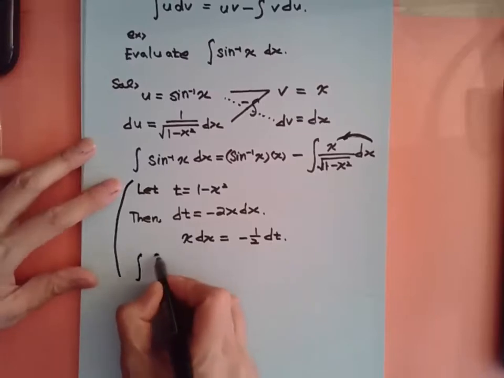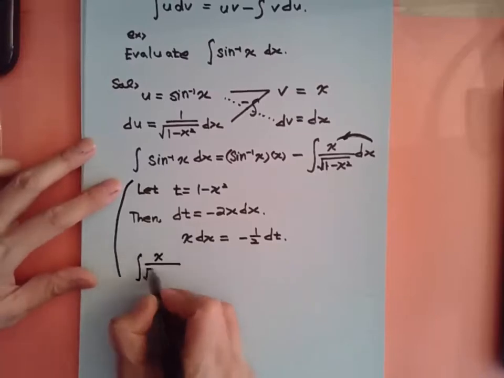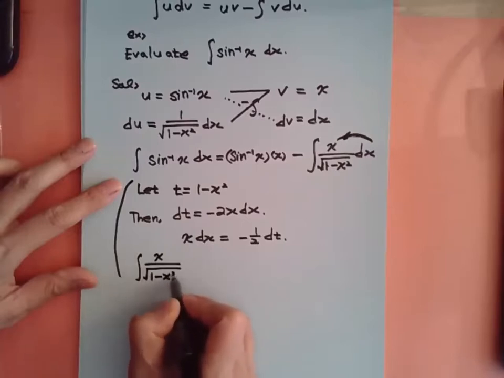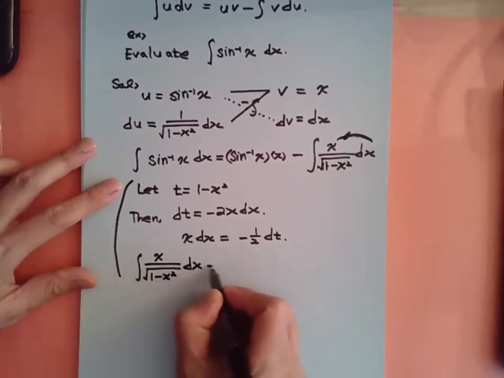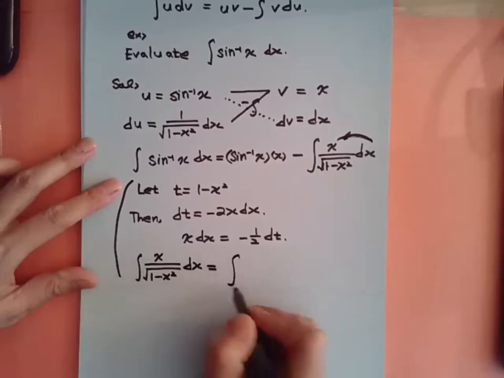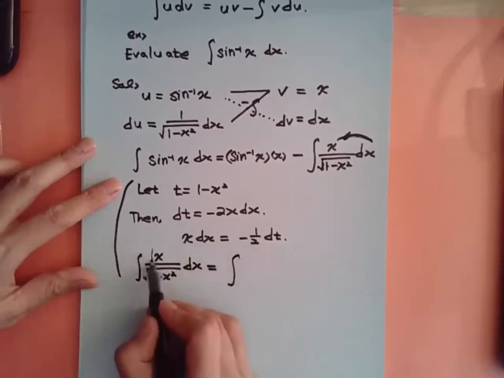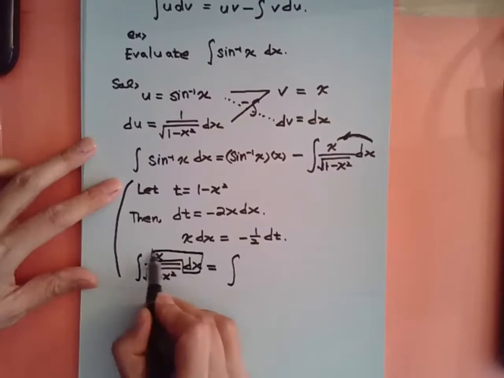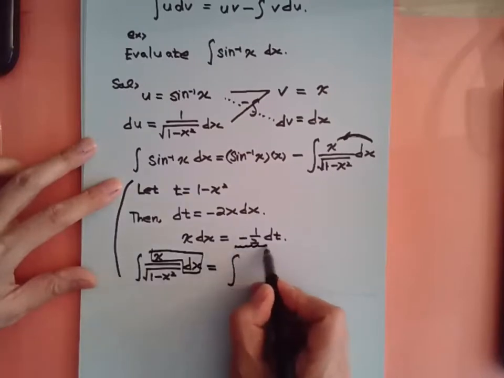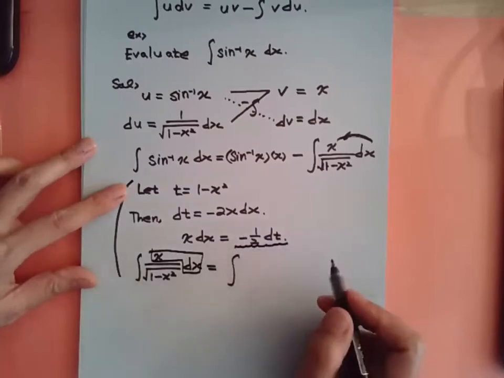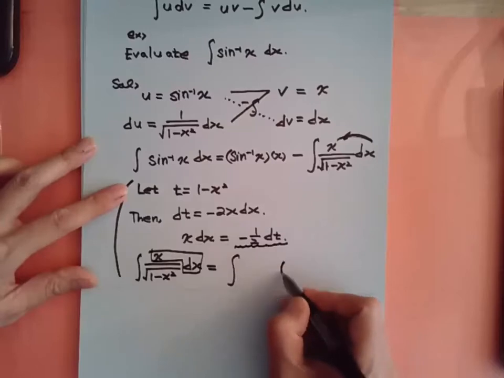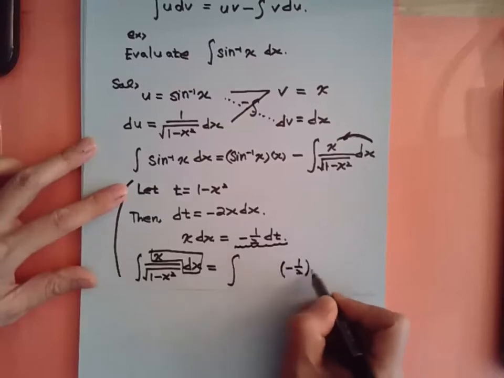So integration x over square root of 1 minus x squared dx equals integration, for this part, minus 1 over 2 dt.